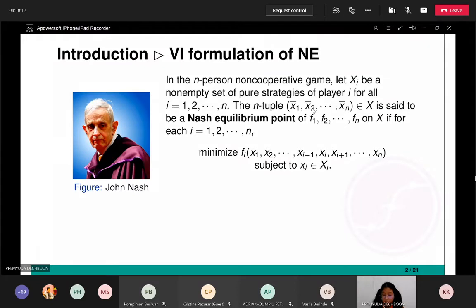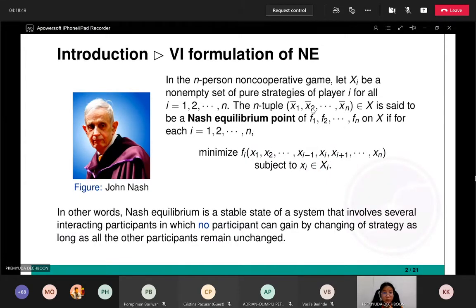We can say that x bar is the Nash equilibrium point if x bar is an n-tuple point like this, which satisfies this problem: minimize fi, which is the loss function for each player, where the i-th component is subject to the strategy set xi.